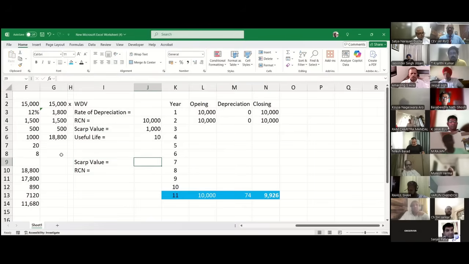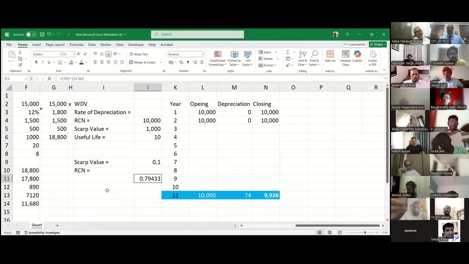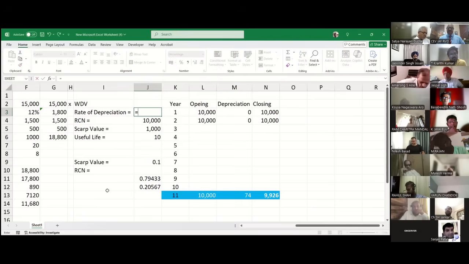From this equation, first we are finding scrap value divided by replacement cost. Okay, so that came to 0.1. Then this is raised to the nth root. Okay, 1 divided by nth root, 10, it is the useful life. Okay, this came to 0.79, minus 1. So this is our rate of depreciation, 20%.